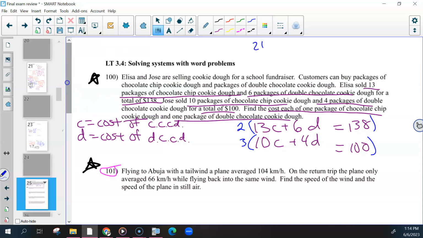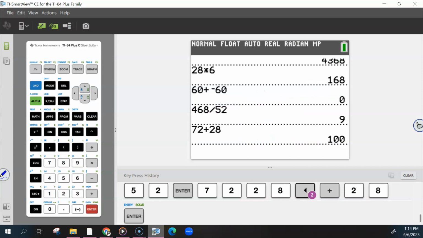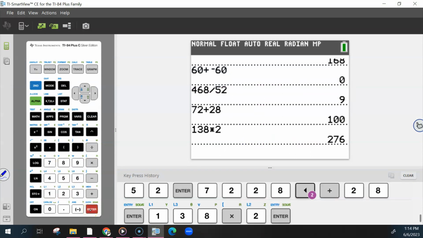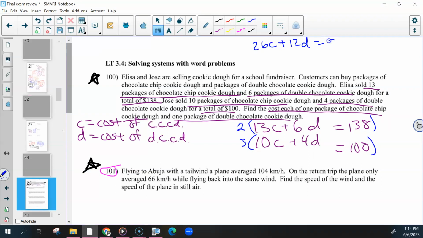So 26C plus 12D equals 276. And then 30C plus 12D equals 300.